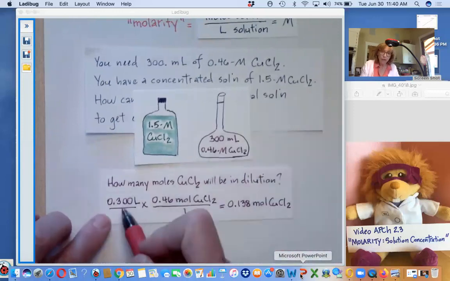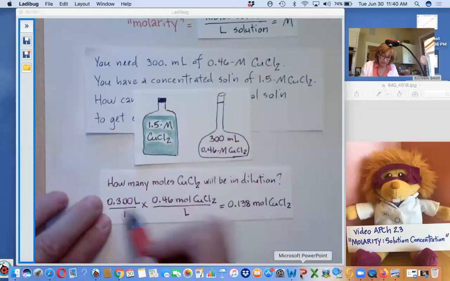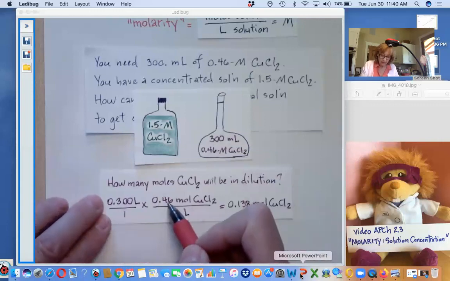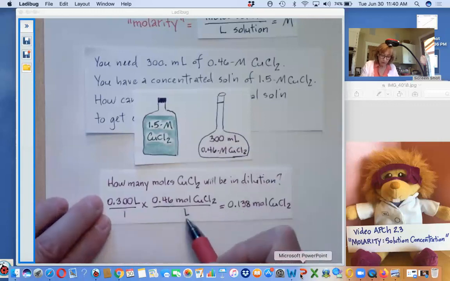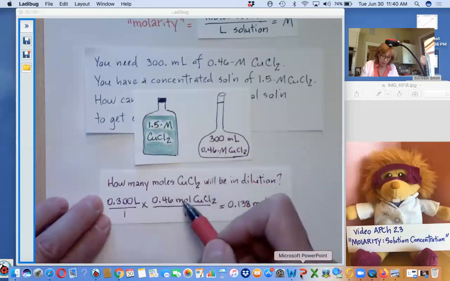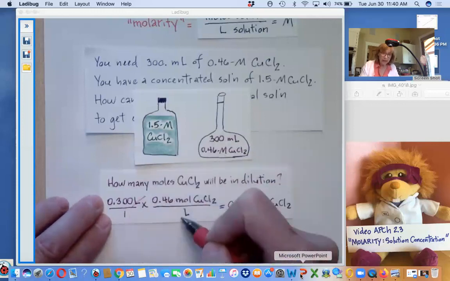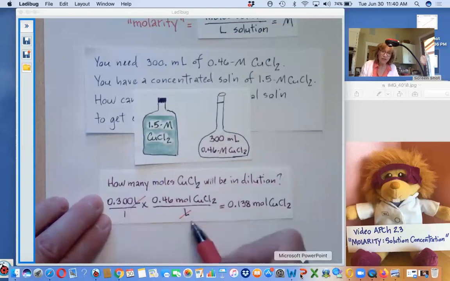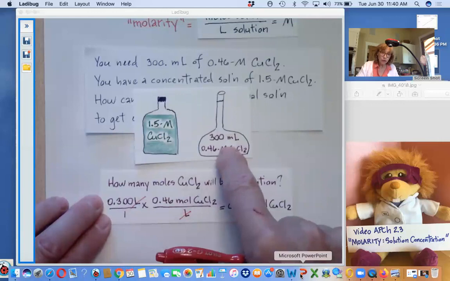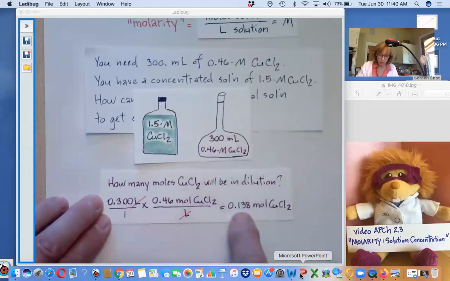I know that I'll have 300 milliliters of it. It's going to be 0.46 molar, remember capital M, moles per liter. I set it up this way so that liters divide out. So in this final dilution that I'm making, there will be 0.138 moles of copper chloride.